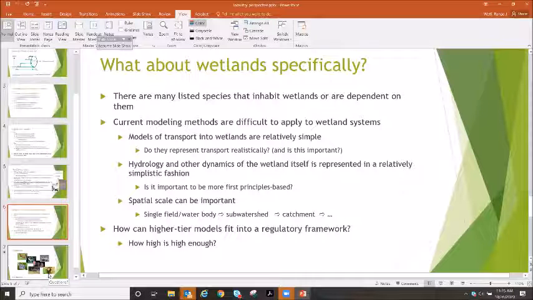That's an important question to keep in mind all the time for this sort of stuff. Then the hydrology of the wetland and the dynamics of what's going on in the wetland itself is represented in a relatively simplistic fashion. Do we need to think about more first-principles-based modeling of the hydrology and dynamics of the wetlands themselves?